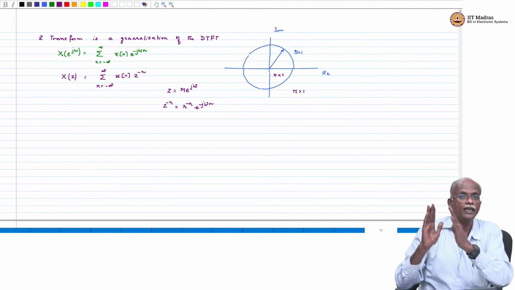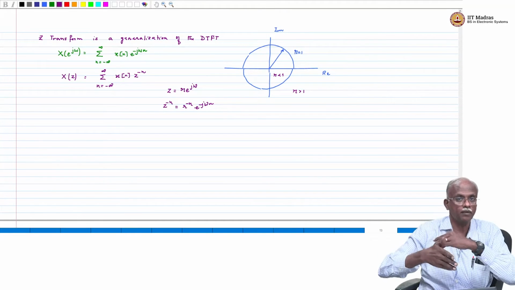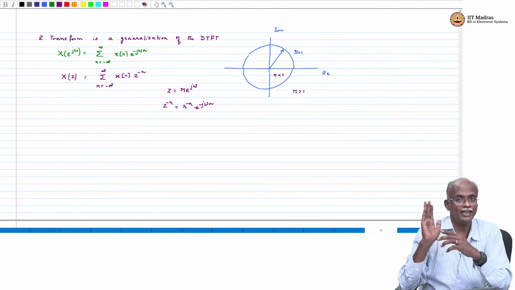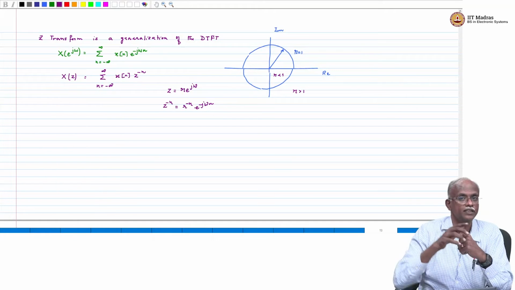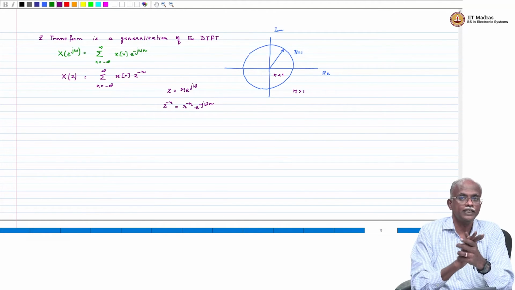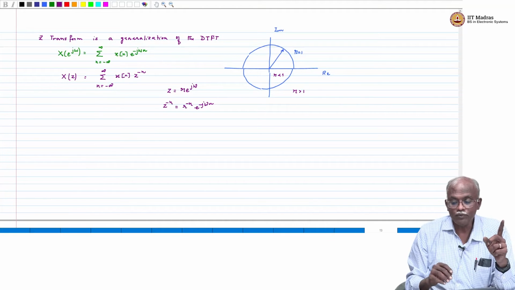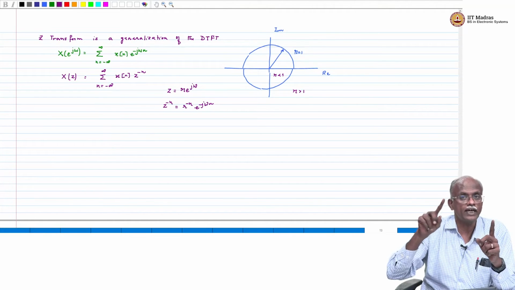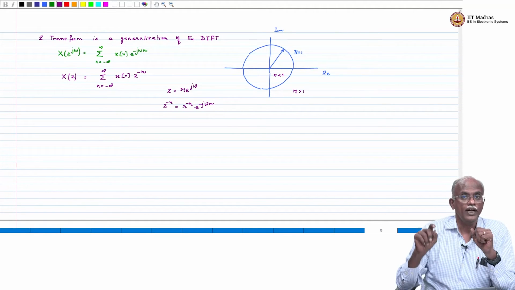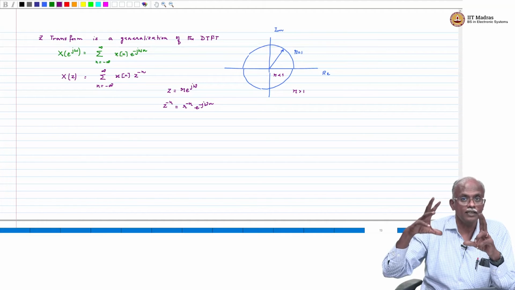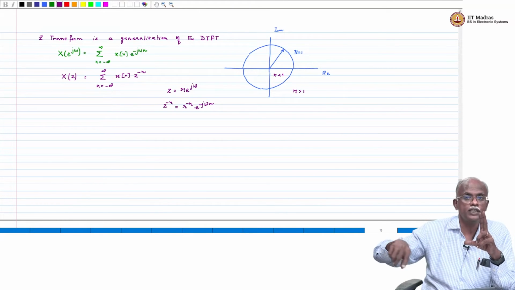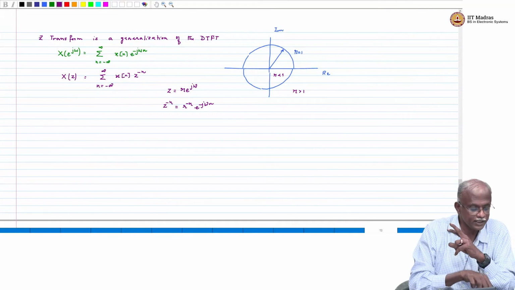So basically, instead of two linear variables, we have the radius and the angle, and that is what the Z transform is doing. The discrete time Fourier transform is a special case of the Z transform. It is the transform that lies on the unit circle where the radius is equal to 1.